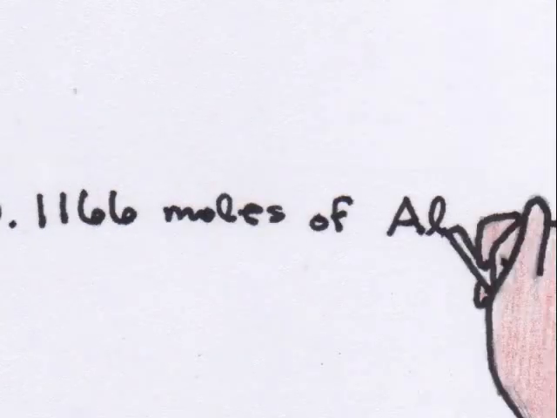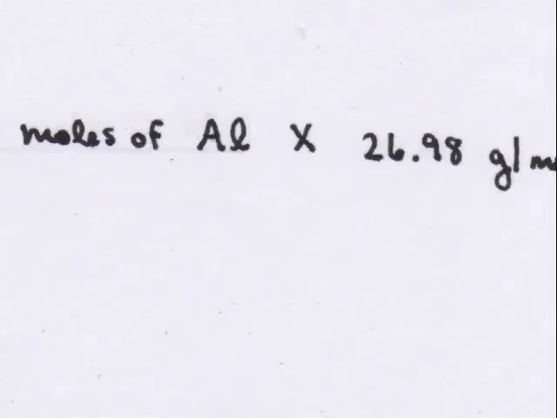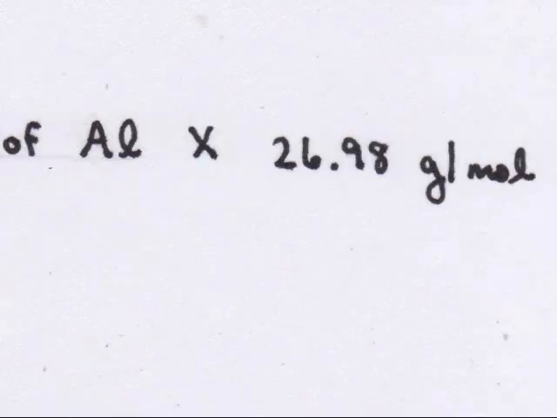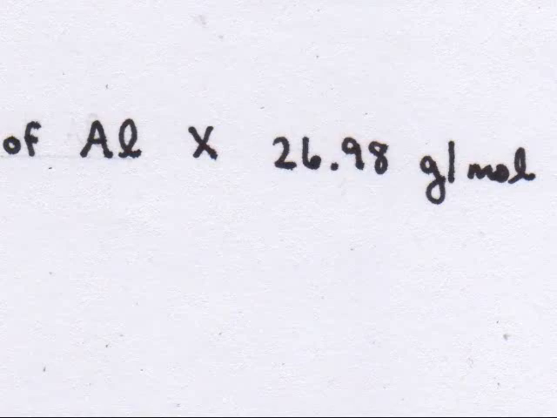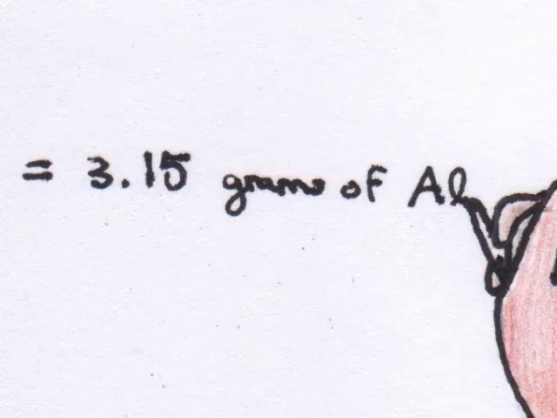Then, in order to get the moles to grams, you have to multiply by aluminum's molar mass. Aluminum's molar mass is 26.98 grams per mole on the periodic table. Once you multiply 0.1166 moles times 26.98 grams per mole, you get 3.15 grams of aluminum.